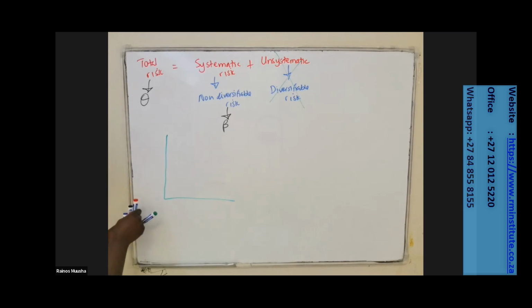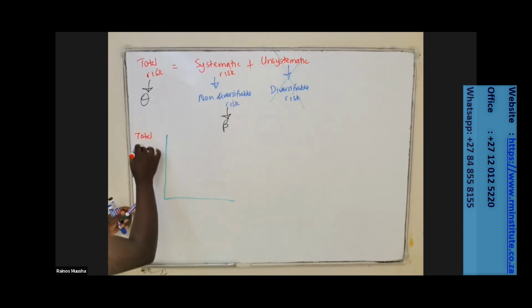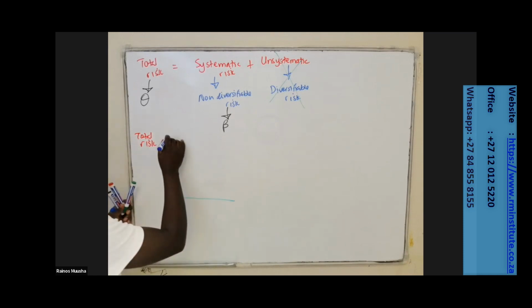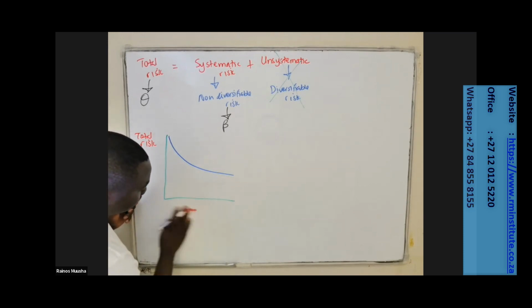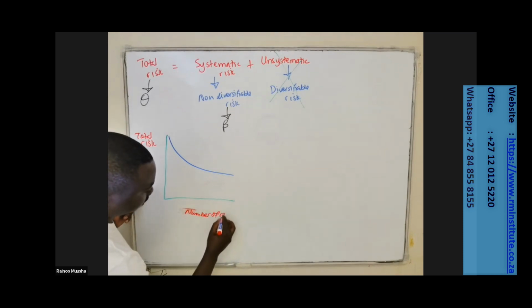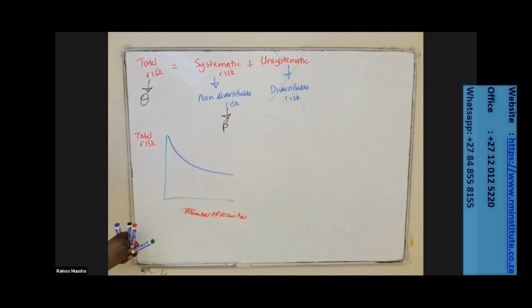If you look at the total risk of a portfolio, we can plot it as something like this, where we have the number of securities.